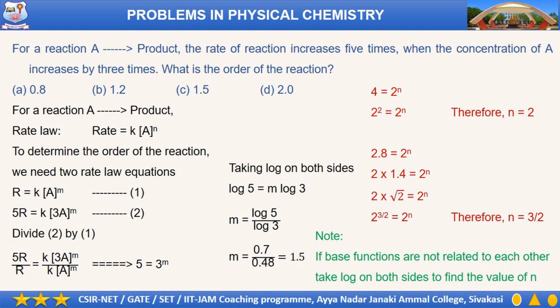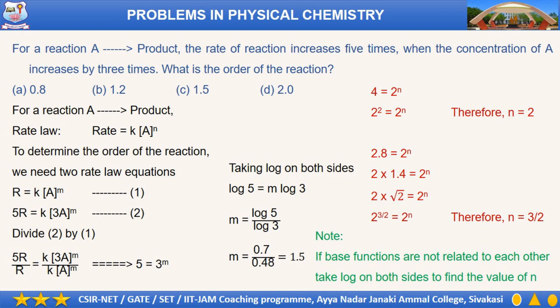The rate of reaction increases 5 times when the concentration of A increases by 3 times. What is the order of the reaction?